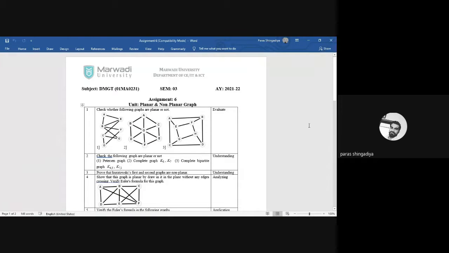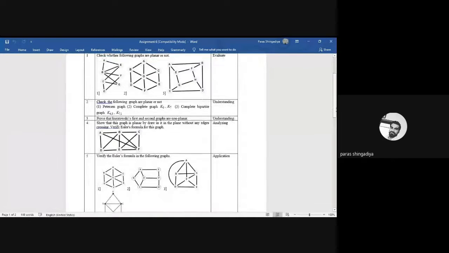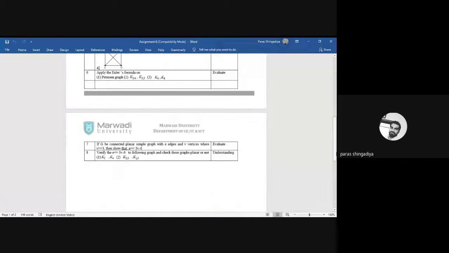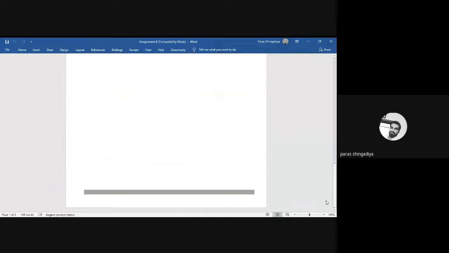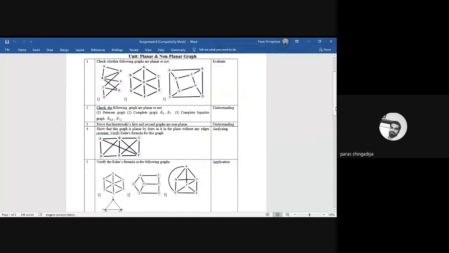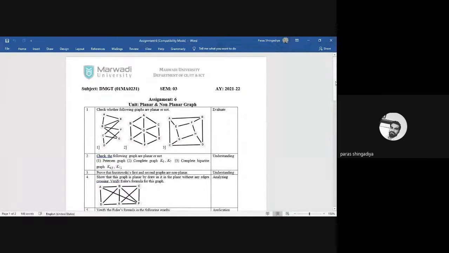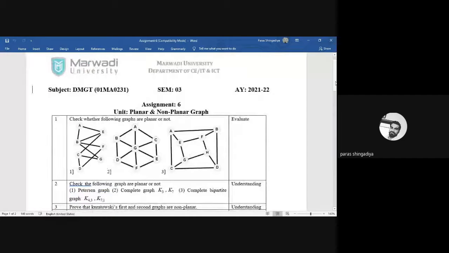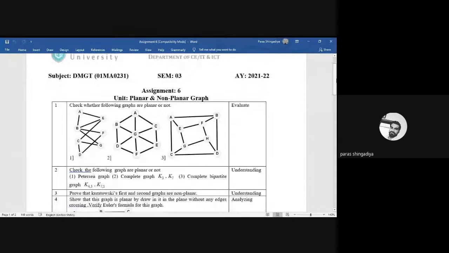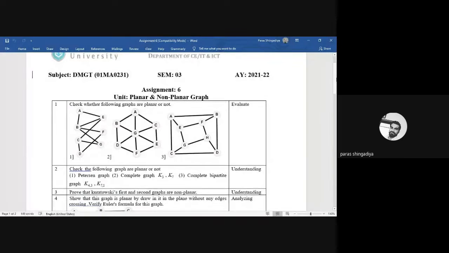It's a small unit, so there are not many questions, only 8 questions are given. In assignment number 6, all are very easy, and some of the questions we already discussed during the lecture session, so that will be repeated again. Assignment 6. The unit is planar and non-planar graphs.